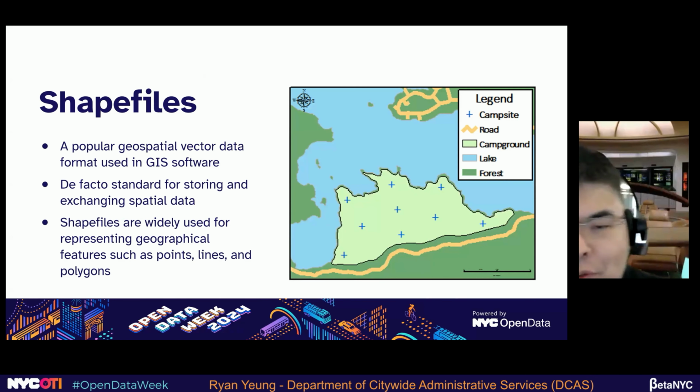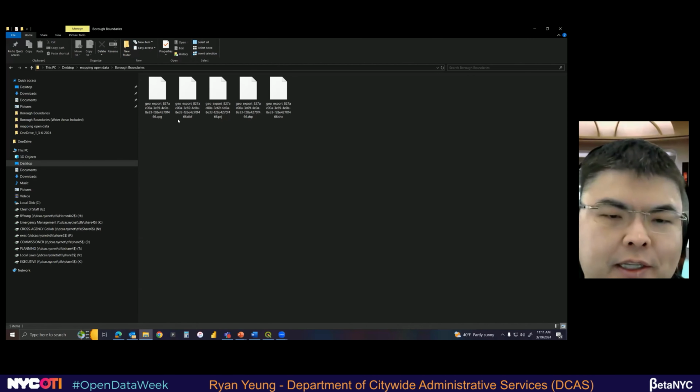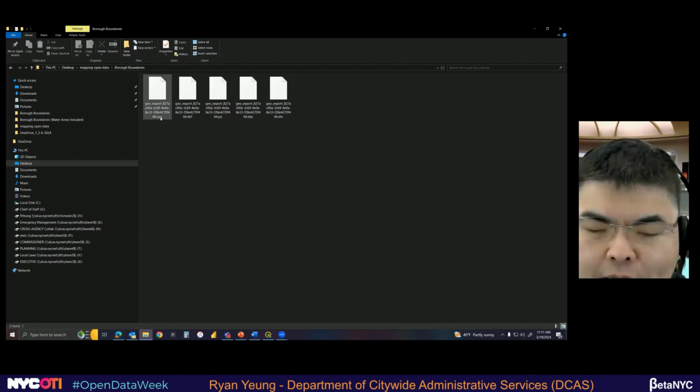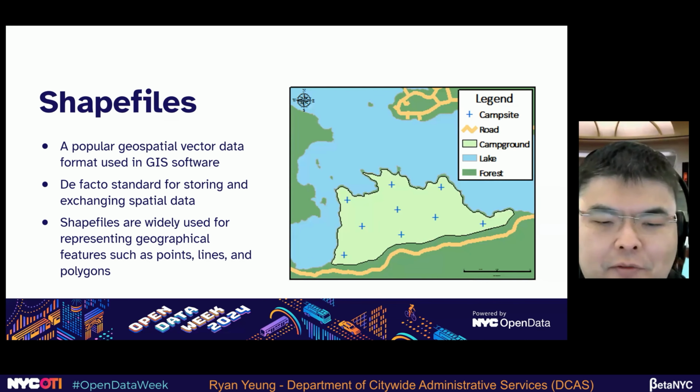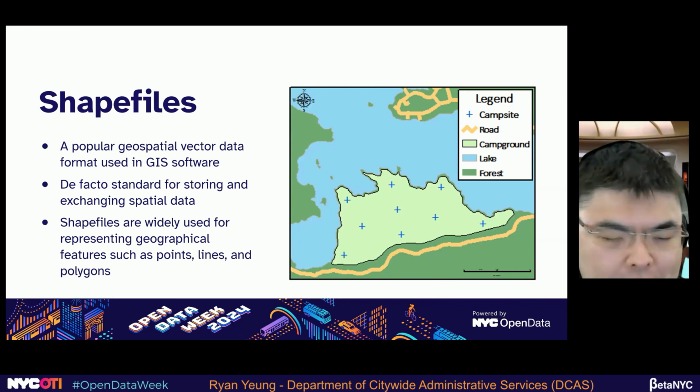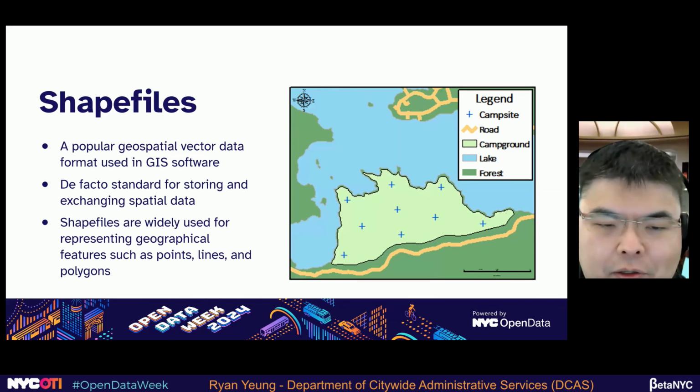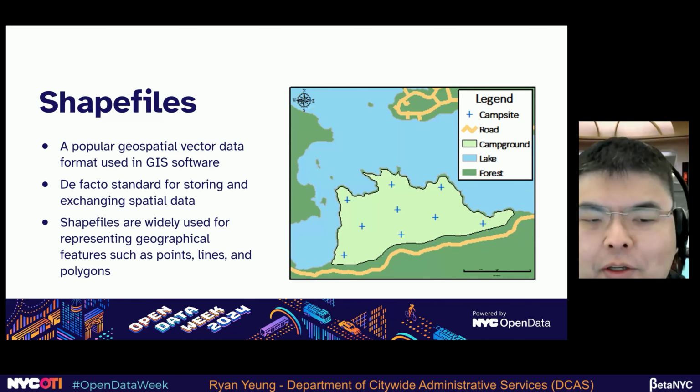When you download the file and extract it, you'll see there are actually a bunch of different files that you've downloaded. And the reason is that it's a shapefile. Shapefiles are a popular geospatial vector data format that's used in GIS software. It's the de facto standard for storing and exchanging spatial data.